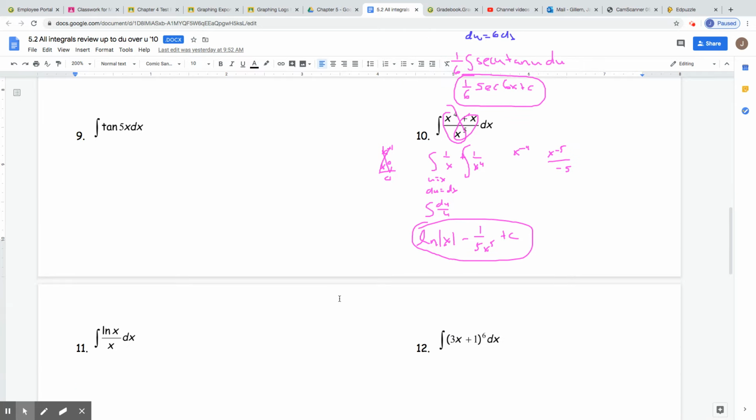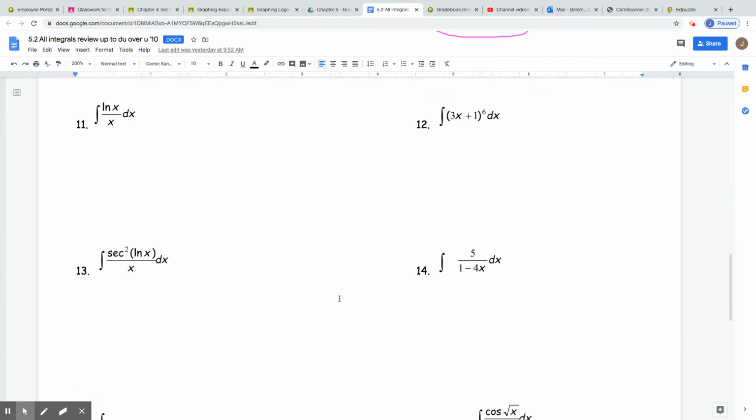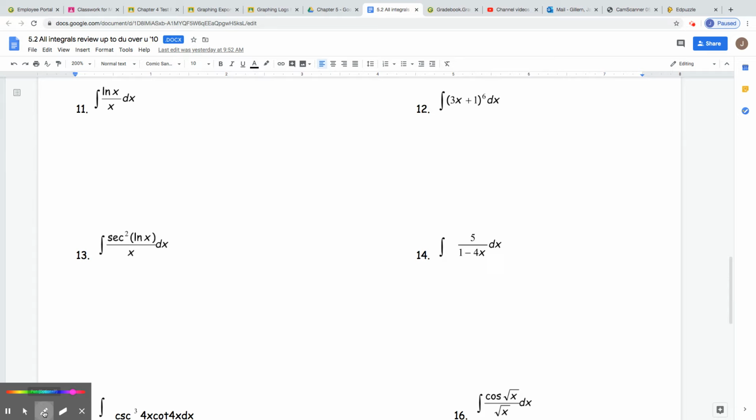All right. Let's see. 12. Back to how we originally started. We have a quantity being raised to a power. So you pick u as whatever is being raised to the power. So we got 3x plus 1. The derivative of 3x plus 1 is 3 dx. I have a dx, I'm missing a 3. So that is my du, which I'm good with.